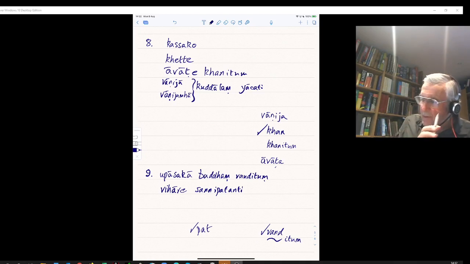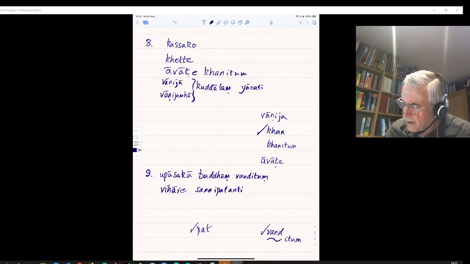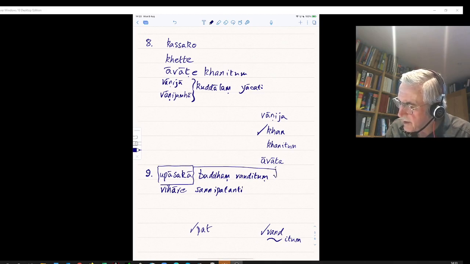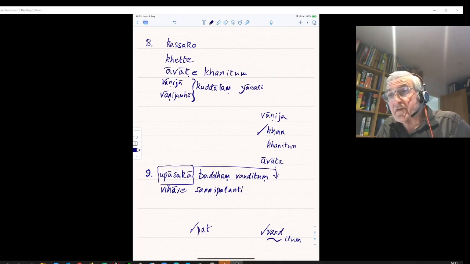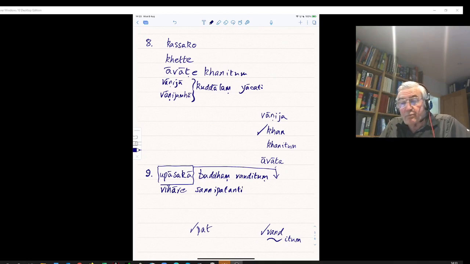And so, buddham vanditum upasaka vihare sannipatanti. Equally correct, with no difference of meaning. So I'll read the sentence again in both forms. Upasaka buddham vanditum vihare sannipatanti, or buddham vanditum upasaka vihare sannipatanti.